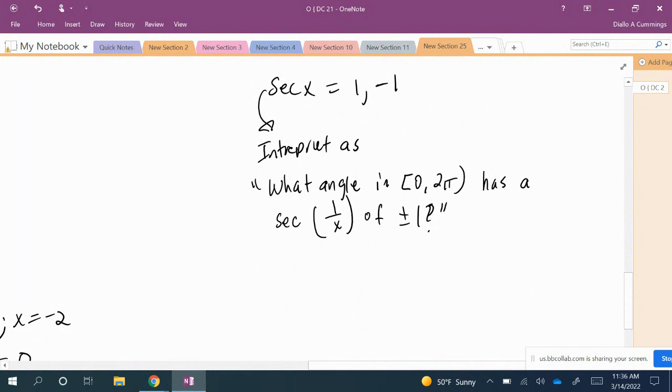All right, so what angle has a secant value or a 1 over x value of 1?